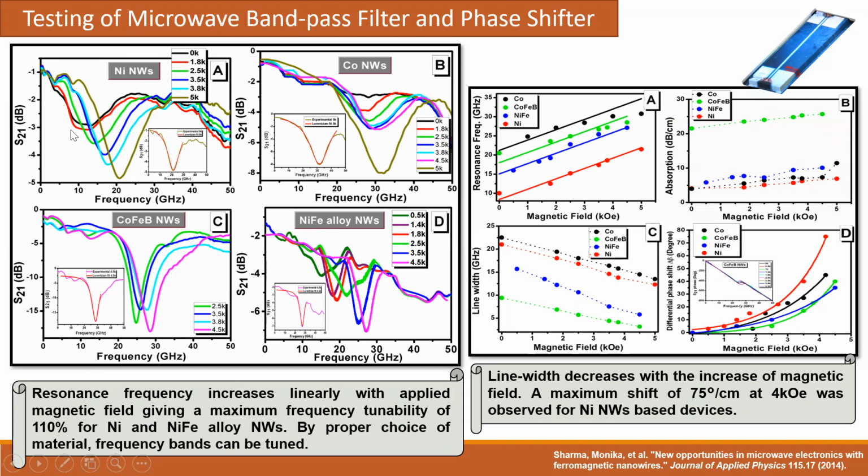Here you can see the band stop filter response of different nanowires. Their operational frequency will change depending upon the material which we are depositing. If you see the nickel material, their operational frequency is in the range of 10 gigahertz to 20 gigahertz for a field of 0 to 5 kilo Oersted. Whereas for the cobalt nanowires, their resonance frequency is much higher because cobalt has a higher saturation magnetization as compared to nickel.